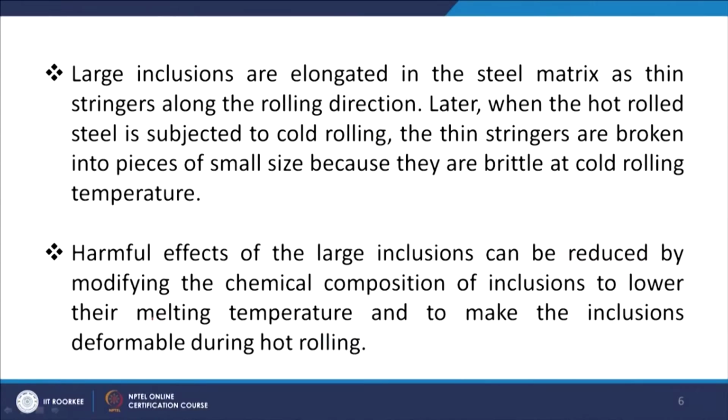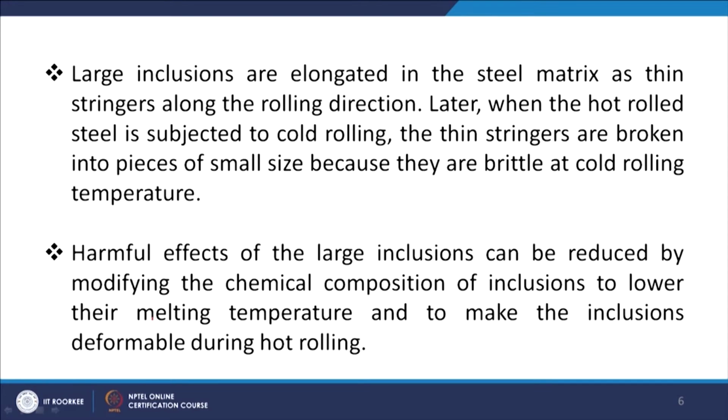So, the harmful effect of these large inclusions can be reduced by modifying the chemical composition of the inclusions to lower their melting temperature and to make the inclusions deformable during hot rolling.